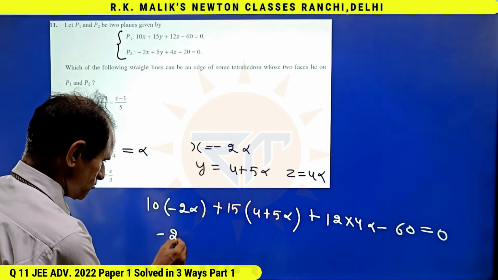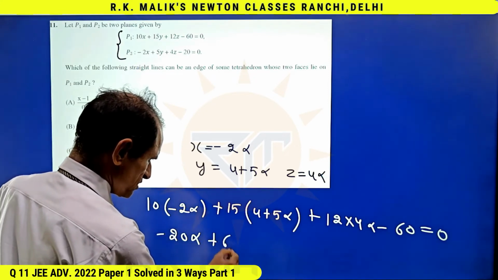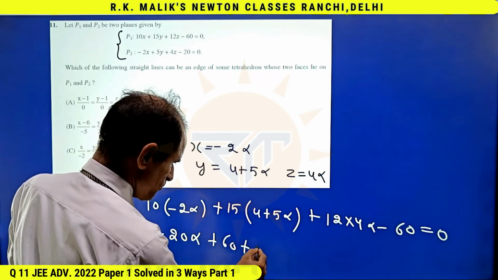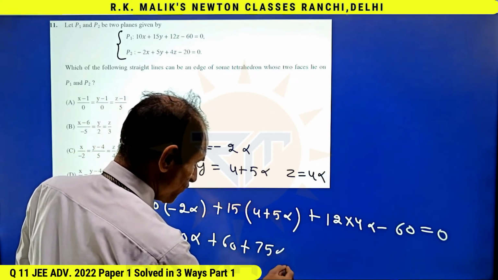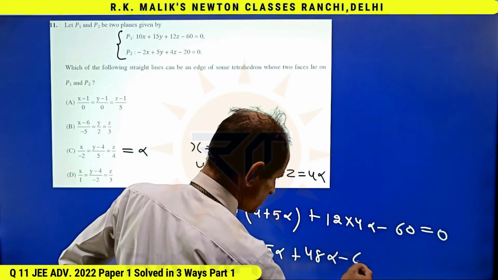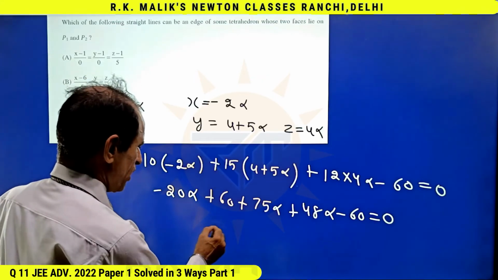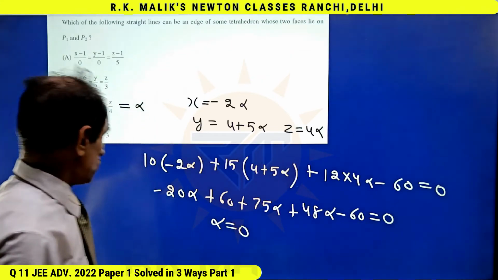That is minus 20 alpha plus 60 plus 75 alpha plus 48 alpha minus 60 equal to 0. That is, the value of alpha is 0.